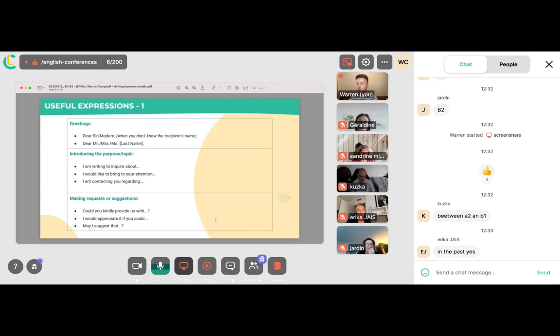Now, if you don't want to assume the gender of the person, you can literally say to whom it may concern. This can also work as well. Or if you're addressing a department, like a recruitment department, say, dear recruitment department, or for the attention of the recruitment department.